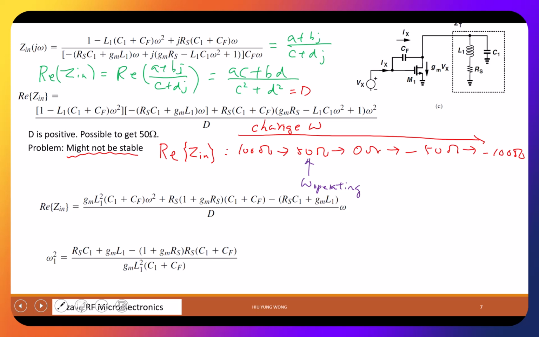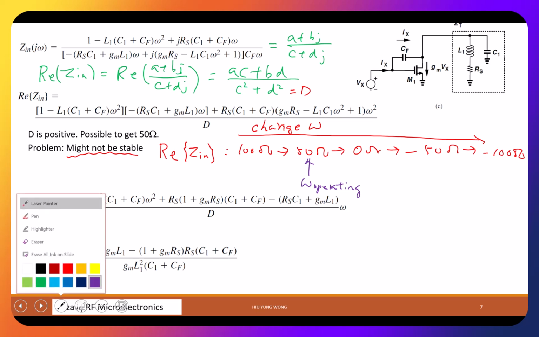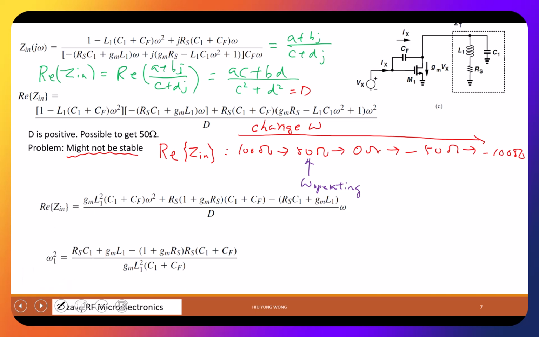Then it means when it is negative, it will give me oscillation. Here we will not discuss, but it's not difficult to understand if you look at an RC tank. When you get the effective negative resistance, you will oscillate. Then your circuit is gone.